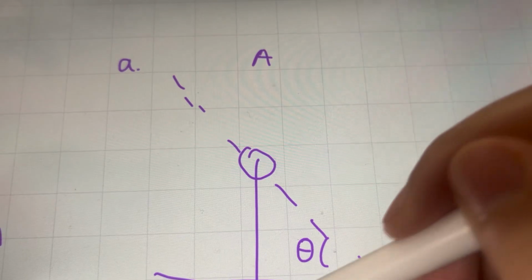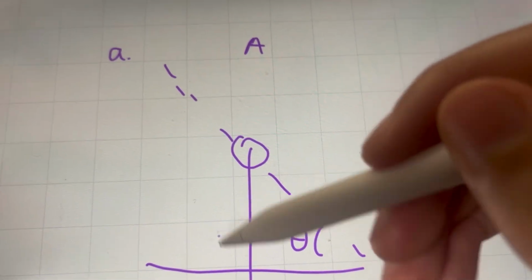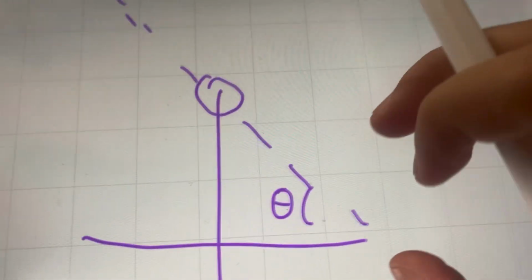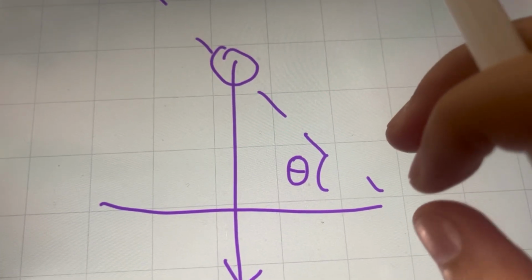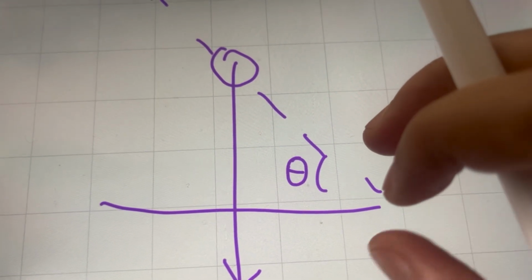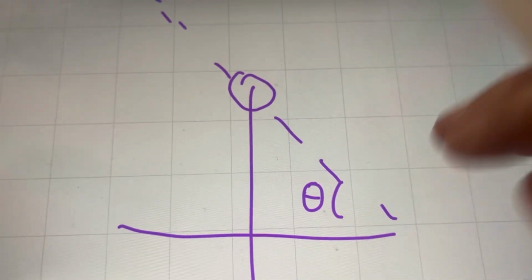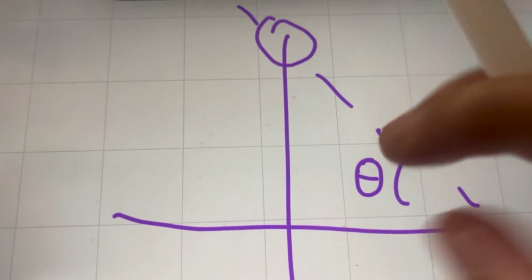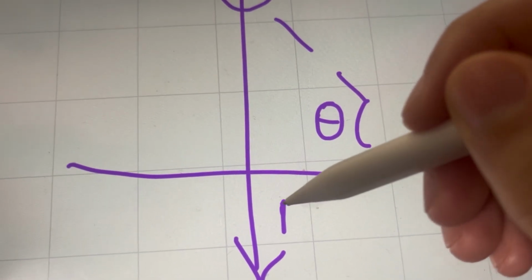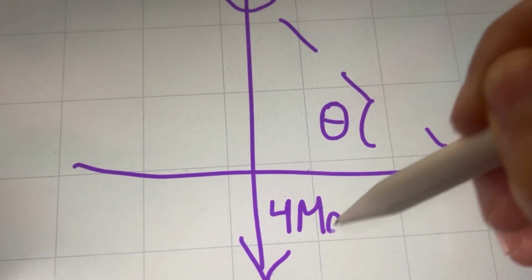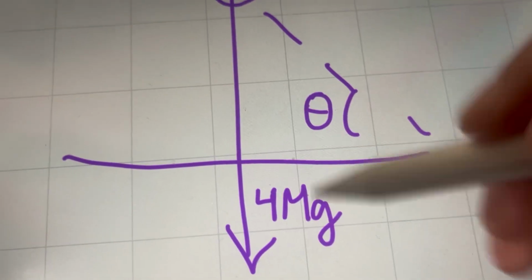So gravity would still be pushing downwards, and we would not annotate that, but name that force, this downward force, as its mass times its gravity, which its mass is 4M, and that's gravity.